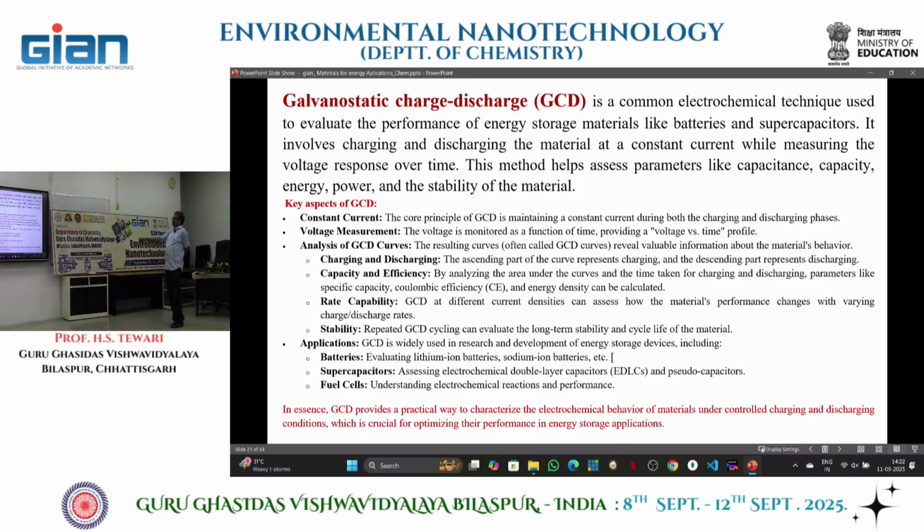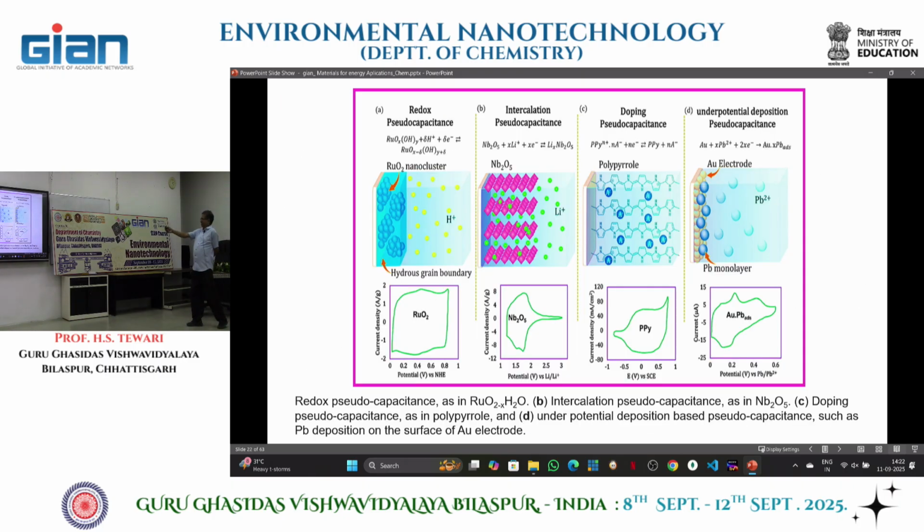The second parameter used to characterize this electrode material is the galvanostatic charge discharge cycle. This tells how many cycles that material can go through the charging and discharging process. Then this is the CV curve, current versus voltage. This is for different types of electrodes. You apply different types of electrodes, then you will get this type of curves.